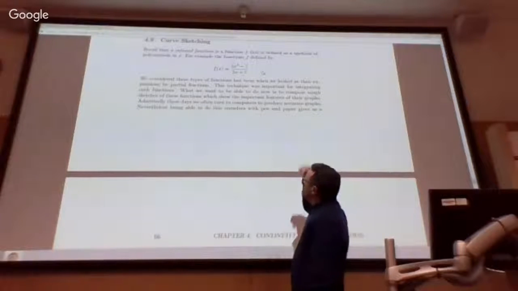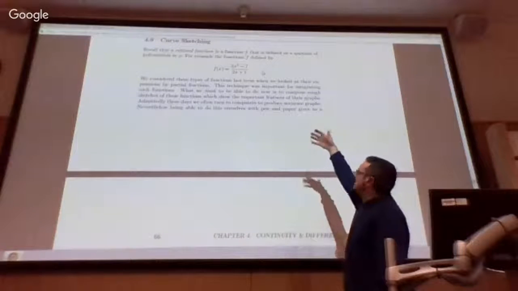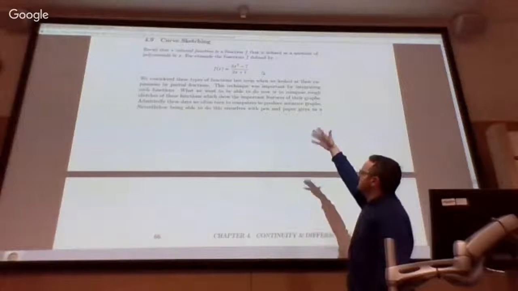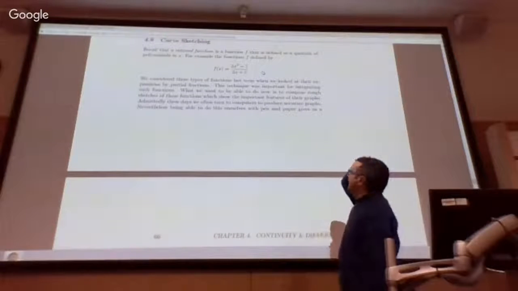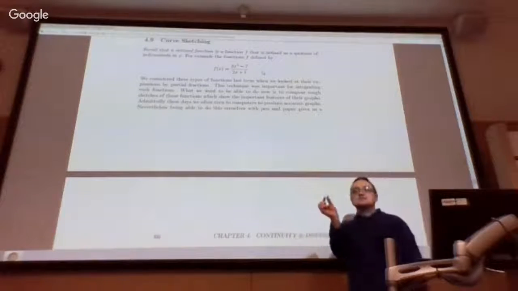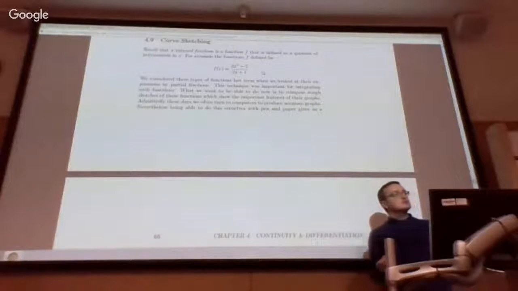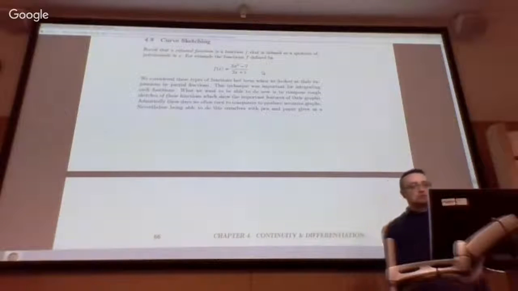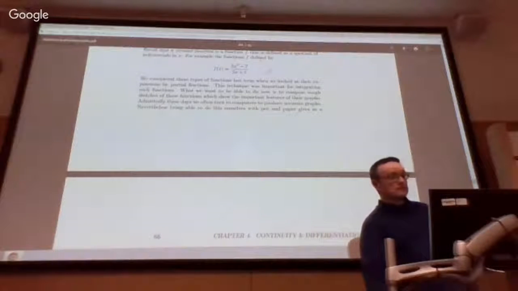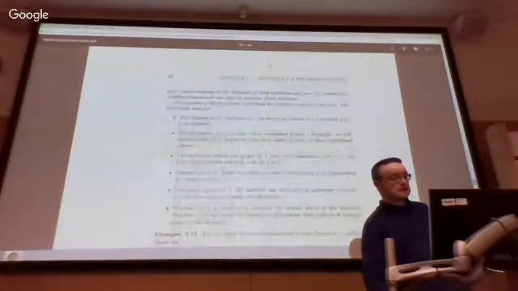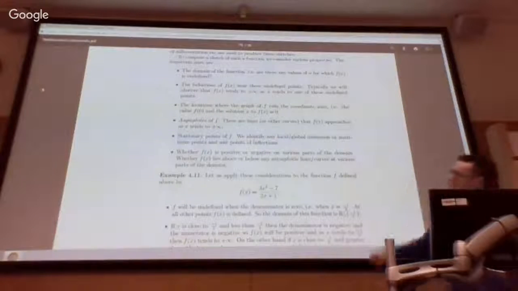Because when you're very close to x equals minus a half, the numerator will be close to something, 3/4 minus 7, but the denominator will be very, very close to 0. So the function f will be exploding in value as you get closer and closer to x equals minus a half.